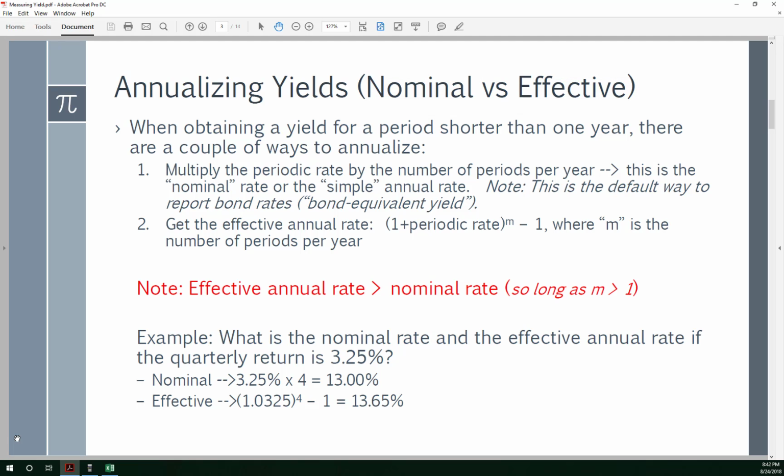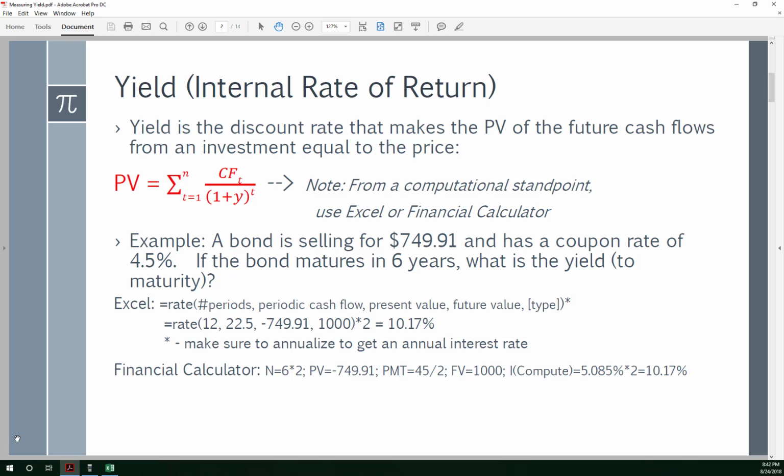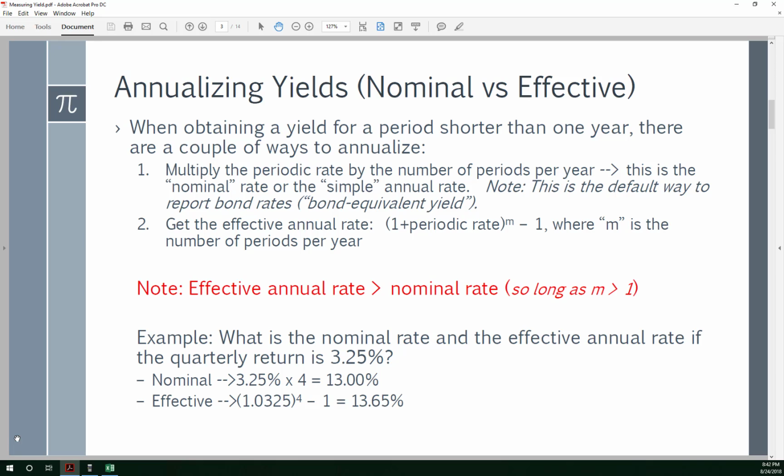So when we solve, for instance, in the problem we just did, when we solve for a 6-month rate, we multiply that times 2 to get an annual rate. So we're just multiplying it times 2 to get the bond equivalent rate of 10.17%. That's different than getting an effective annual rate. So that would be this method here where we take 1 plus the periodic rate, raise that number to the m power, where m is the number of periods per year, and then take away 1.